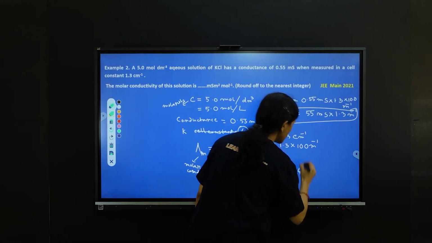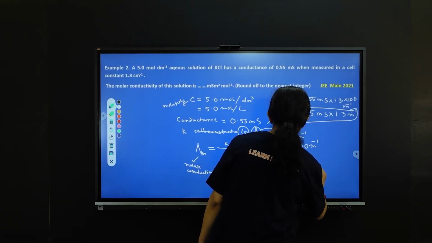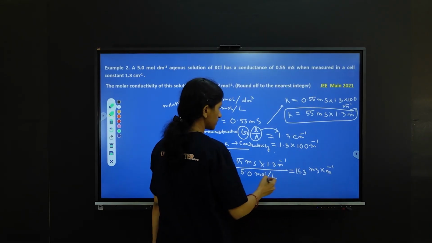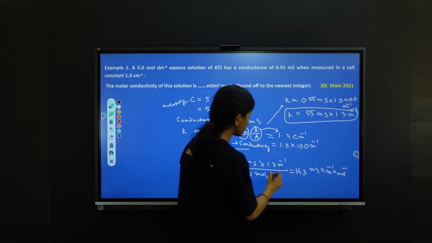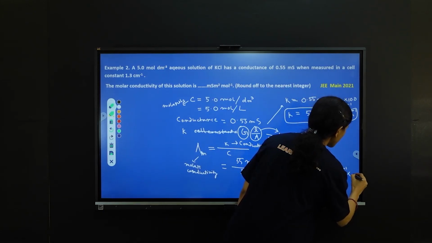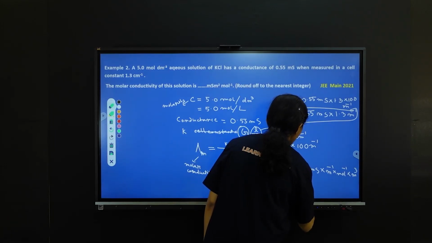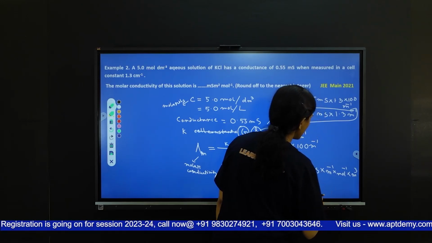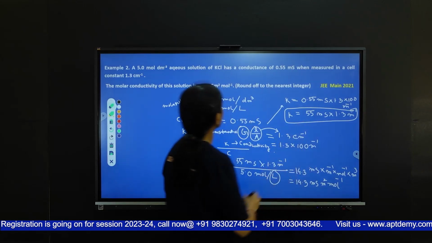Now I will check the units, right? So you have millisiemens times meter inverse times mole inverse, and in place of liter I will write meter cube. So you have the value of 14.3 millisiemens meter square mole inverse, right?